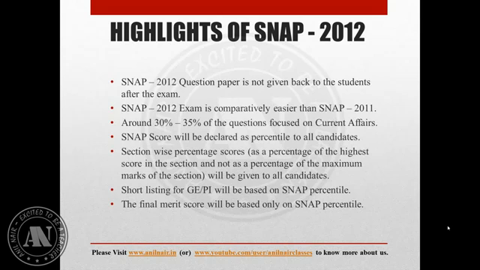Shortlisting of the students will happen based on group evaluation, personal interview and your SNAP score for the respective institutes. That is the third level of your selection process. The second level will happen based upon your SNAP percentile.